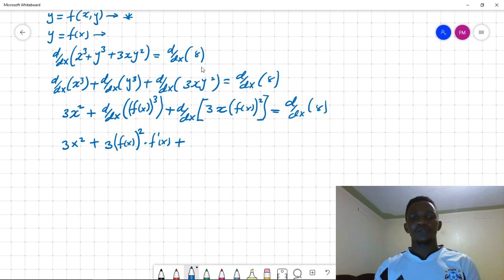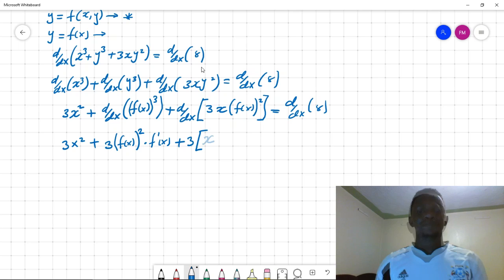So here, because we have this x term and this other x term, it means that we are going to use the product rule because it's a product of two functions. First of all, we can take 3 outside because it's a constant. Then we differentiate this. We hold x, we differentiate this function. Still we are differentiating this function with respect to x, and we are going to use the chain rule.